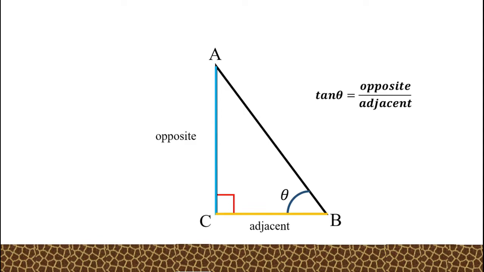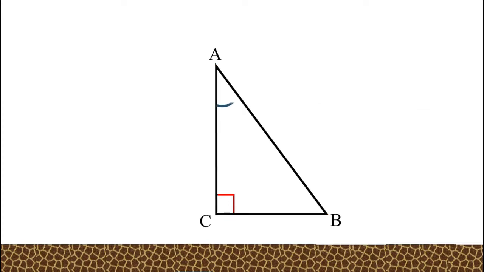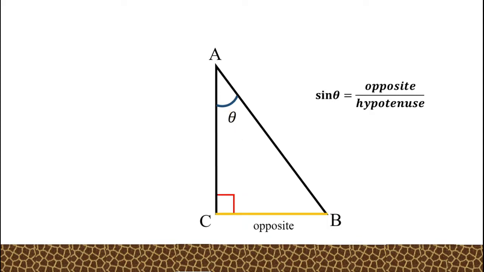What if we consider now the other acute angle as the standard position of the theta? So our theta now is right here. The opposite of the sine theta is the side colored orange, and the hypotenuse is colored blue.